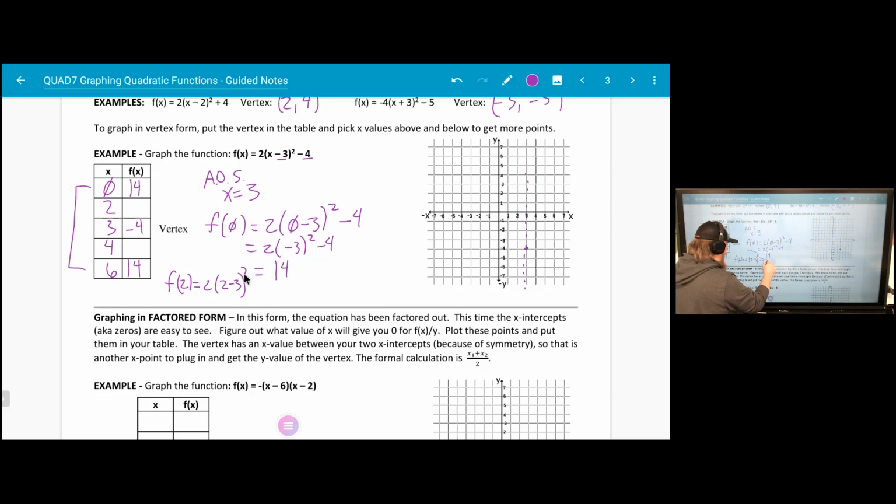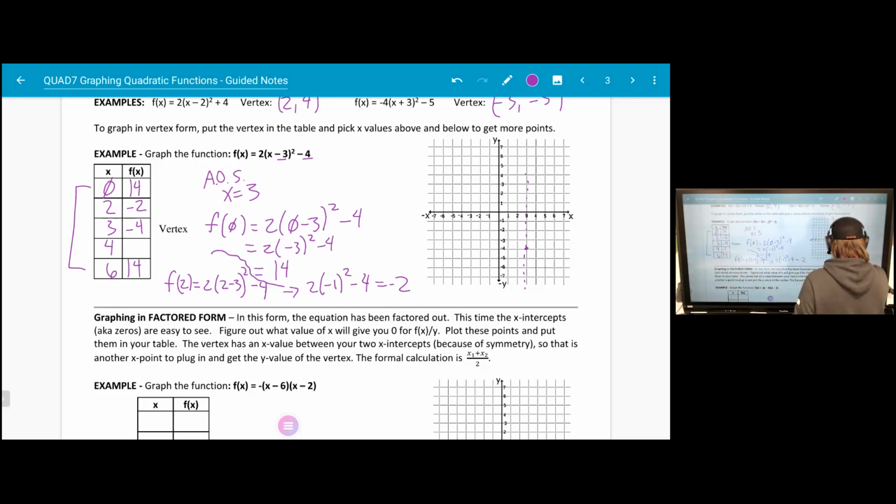What we end up with is 2 times negative 1 squared minus 4. Well, negative 1 squared is 1. 2 times 1 is 2, and 2 minus 4 is negative 2. So at 2, we've got negative 2. And using the property of symmetry, at 4, we also have negative 2. So 2, negative 2, and 4, negative 2.